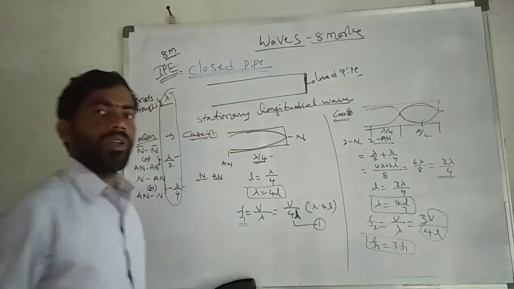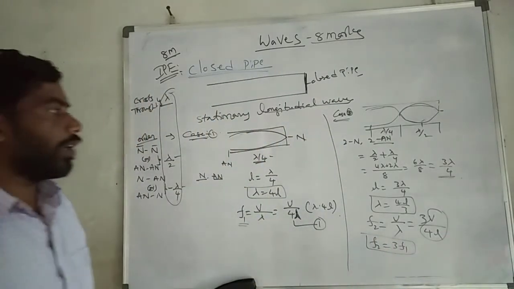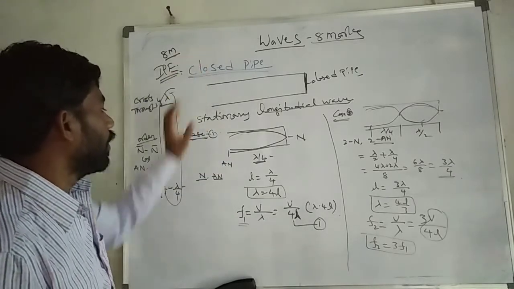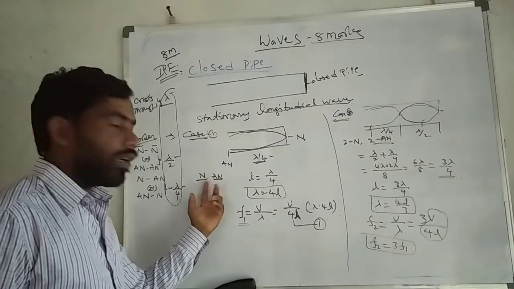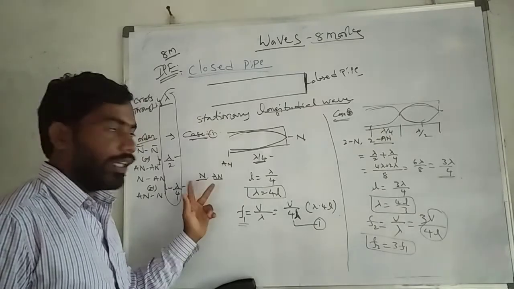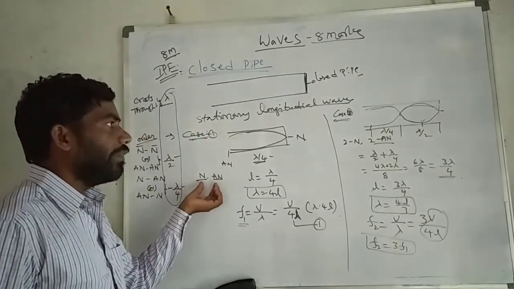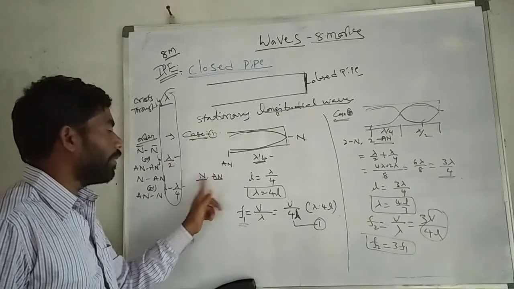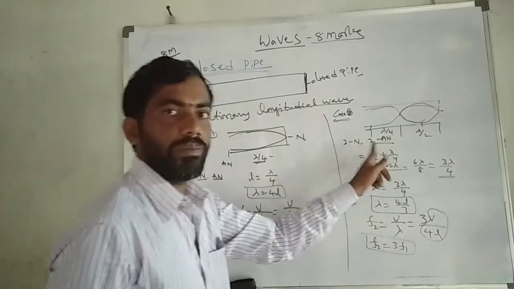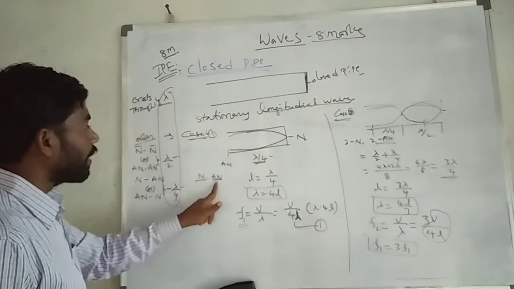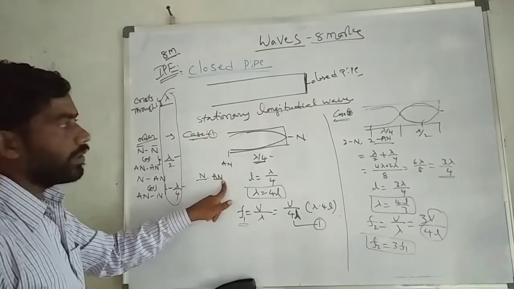See, in the closed pipe, nodes and antinodes are odd and even. The first case is the same, but in the open pipe the number of nodes is one less than the antinodes.